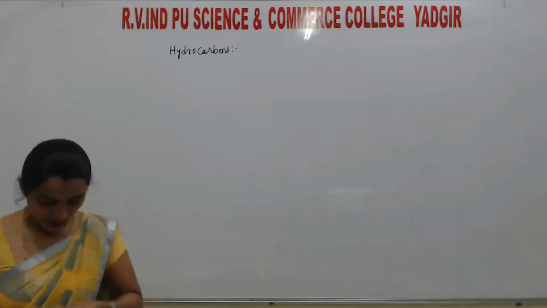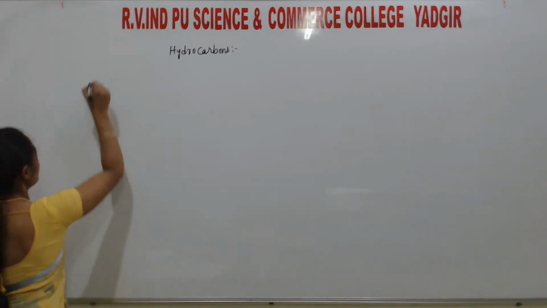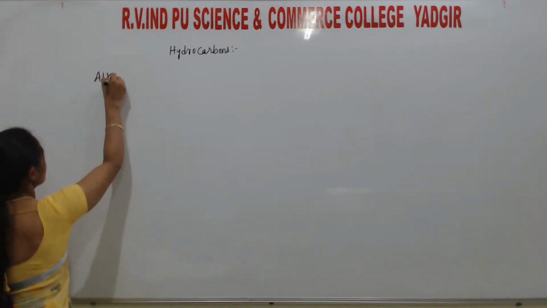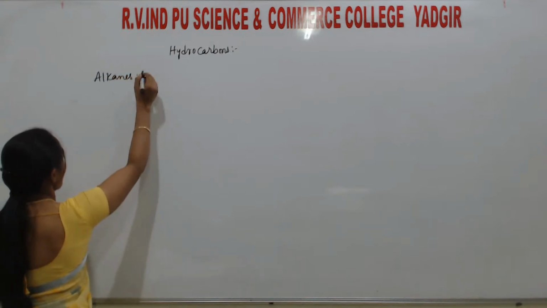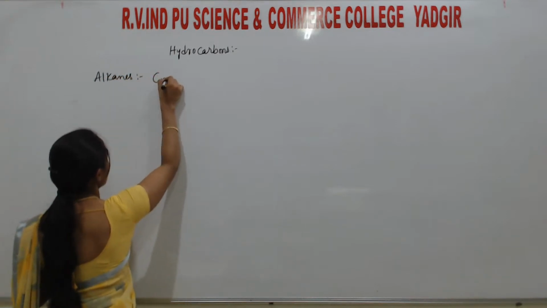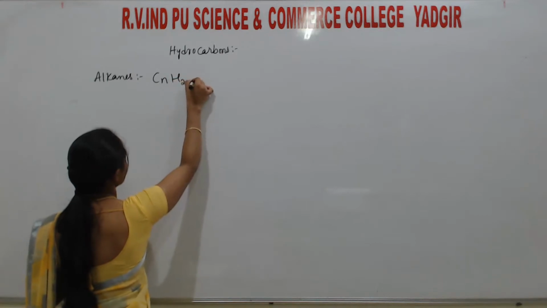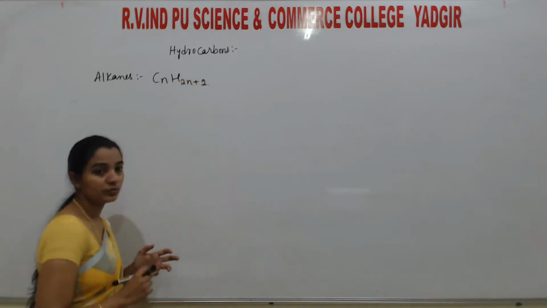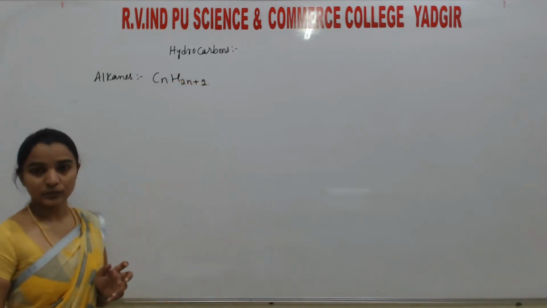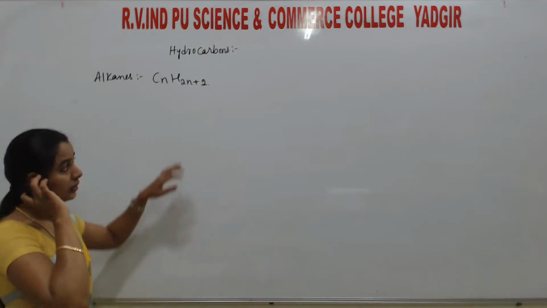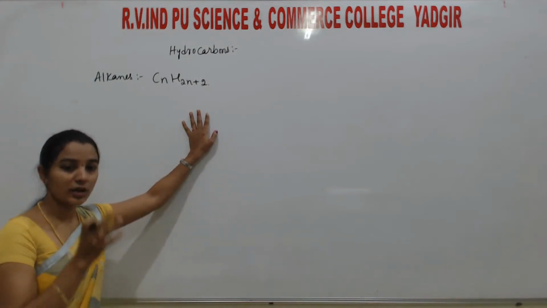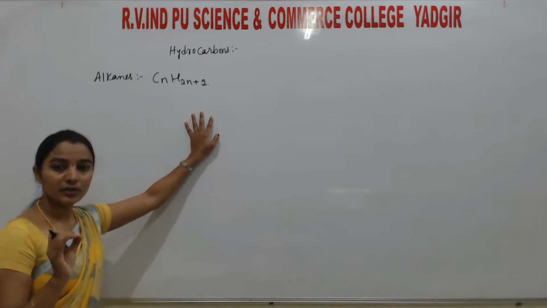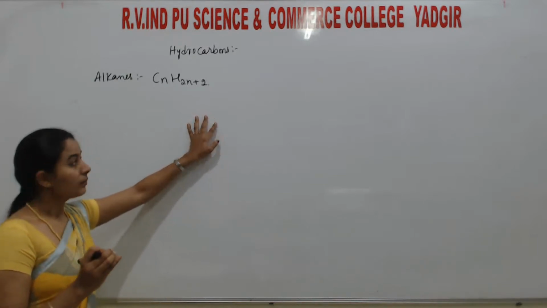So we will start with the first one, that is alkanes. Students, alkanes have the general formula CnH2n+2. There is no classification here; we already studied nomenclature.